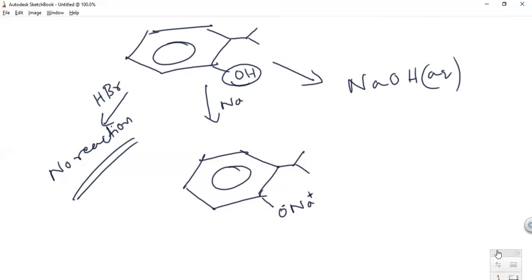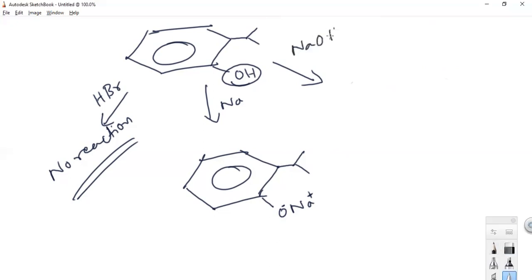Sorry, this condition shouldn't be written here. Here, NaOH aqueous. Yeah. So this was the product for sodium, and we can say that hydrogen is being eliminated. I'm just writing it as the byproduct. Okay, you don't need to write it. It's just for recalling the lectures we studied. So that's why I have written it here.